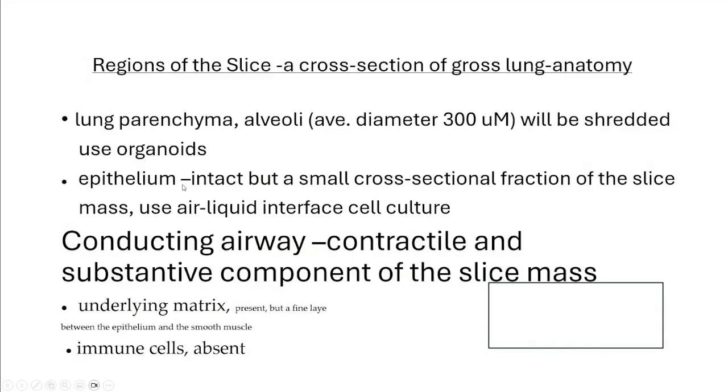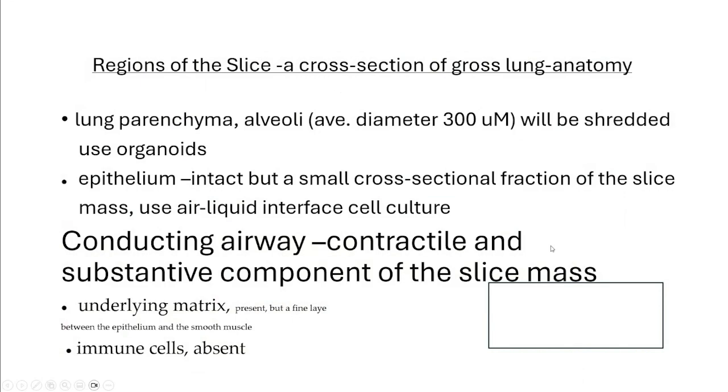The epithelium is intact, but is a small cross-sectional fraction of the slice. So you'll use air for that. It's best to use cell culture, air liquid interface cell culture, and the conducting airways are contractile, and it's a substantive component of the slice mass.